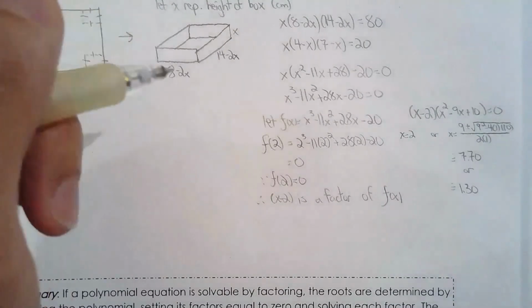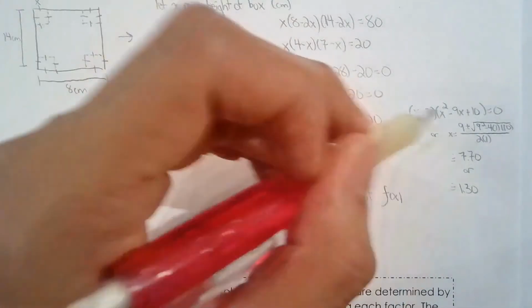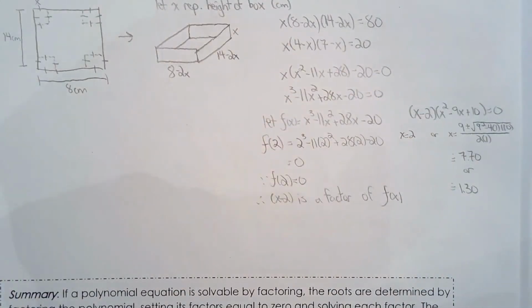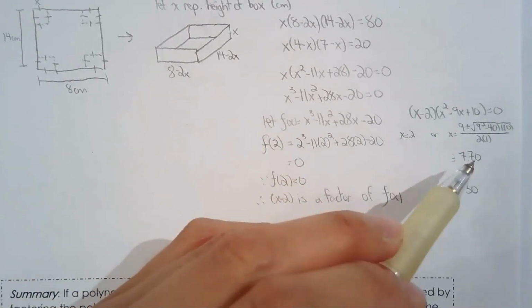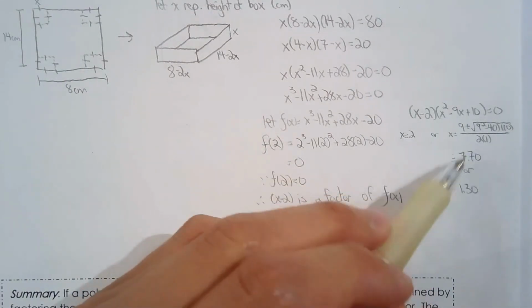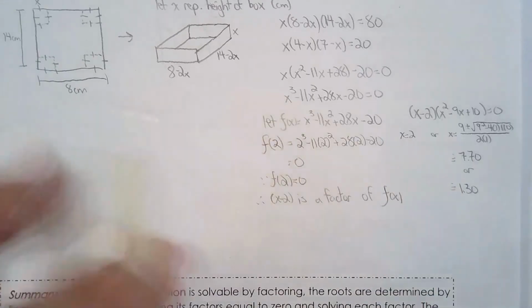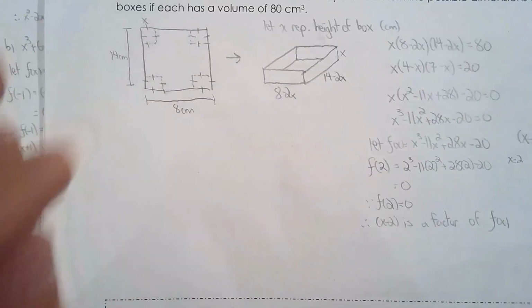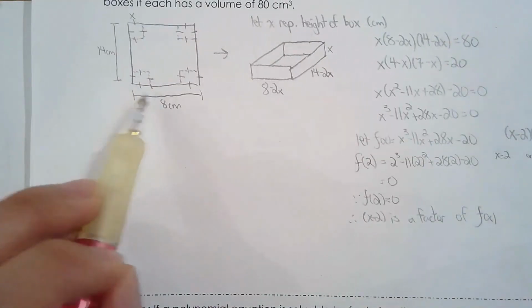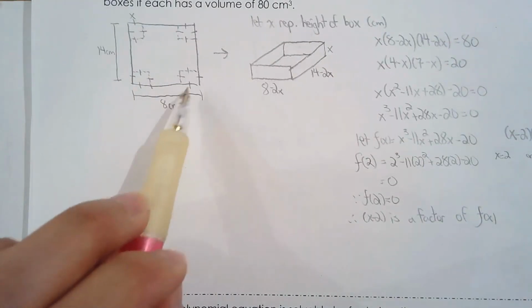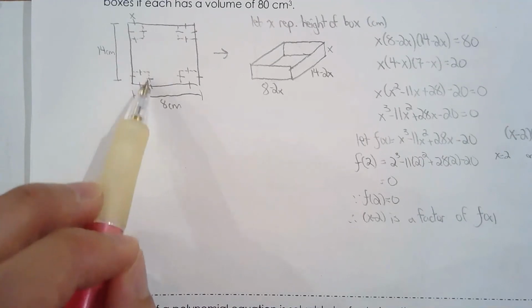Now there's a problem here: one of these we have to reject. Hopefully you're going to say 7.7 we have to reject. It's inadmissible, or just say reject. Why do we have to reject it? Because take a look over here. How is it possible that I can have these squares with a dimension of 7 centimeters by 7 centimeters?